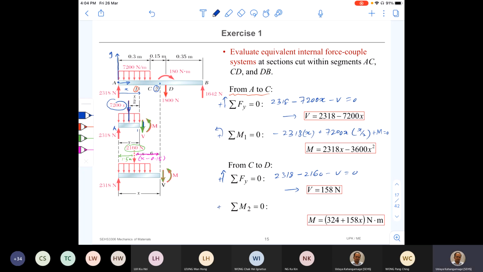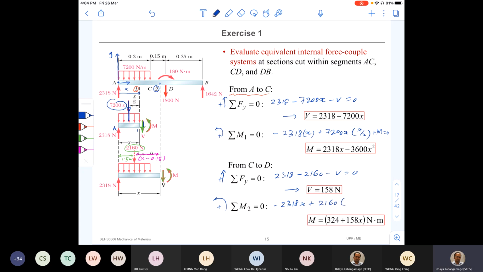Okay, and then take the moment at point 2. Sum of moments at point 2 is equal to 0. So there, first you can take 2318. It will create a negative moment, negative 2318. The distance is x plus 2160, right?